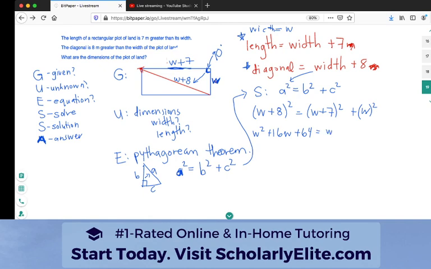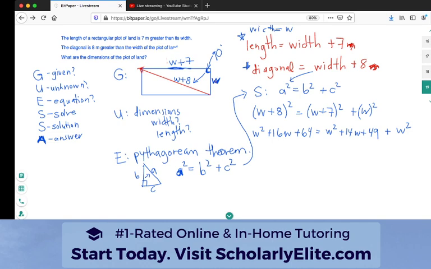Here we've got this plus W squared. Alrighty, so now what we have to do is make sure that we are doing everything we were doing just before this, which is putting everything on one side and making it equal to 0, because that's how we're going to solve for our factors. Okay, guys? So let's go ahead and do that.